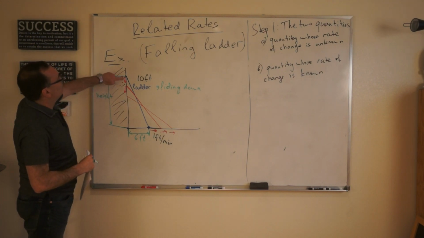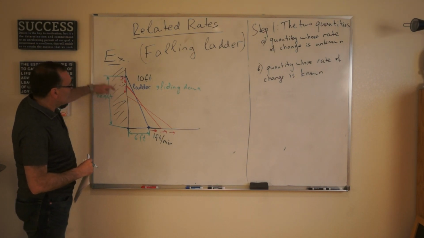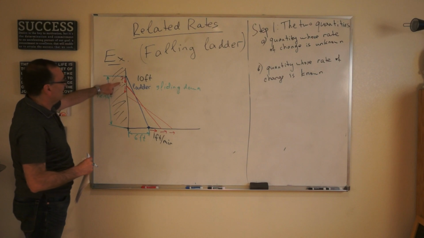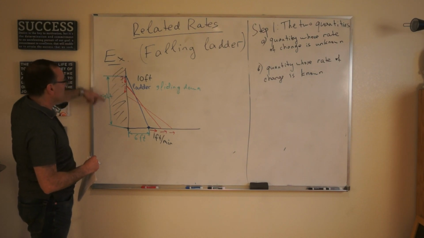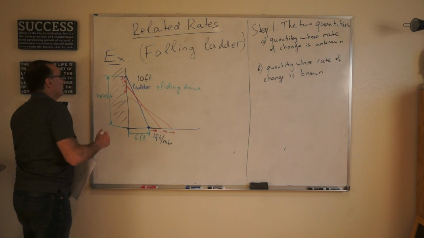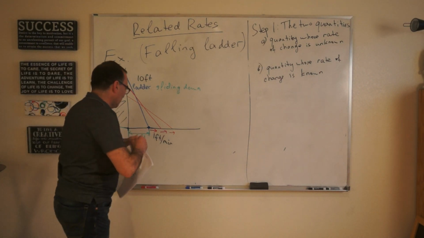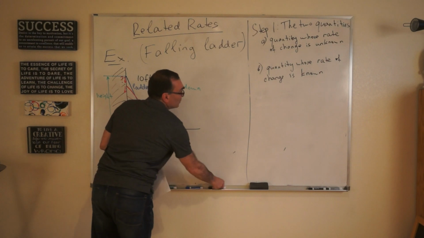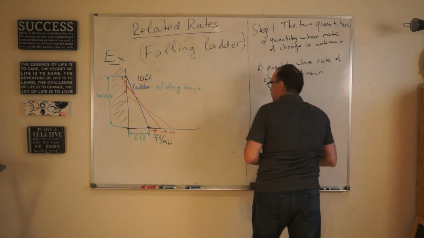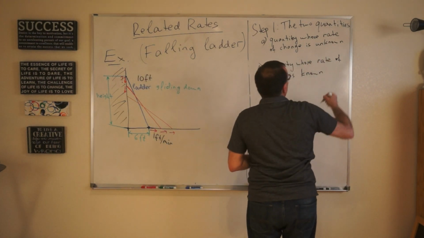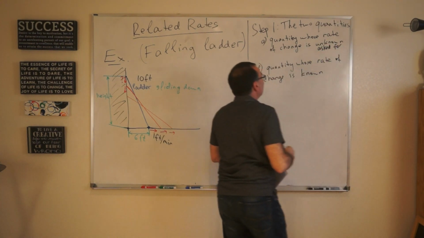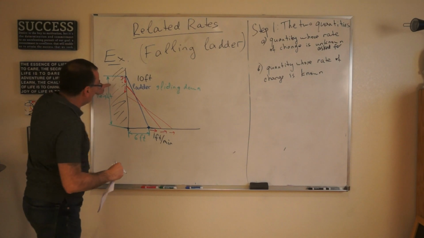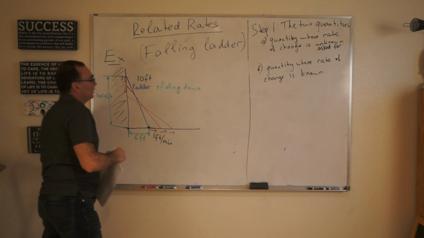As the top point moves down, its height will decrease, and if the point moves down at a certain rate or speed, the height will decrease at that very rate. So the first quantity, whose rate of change is unknown and exactly asked for in the problem, is precisely the height of the top point of the ladder.